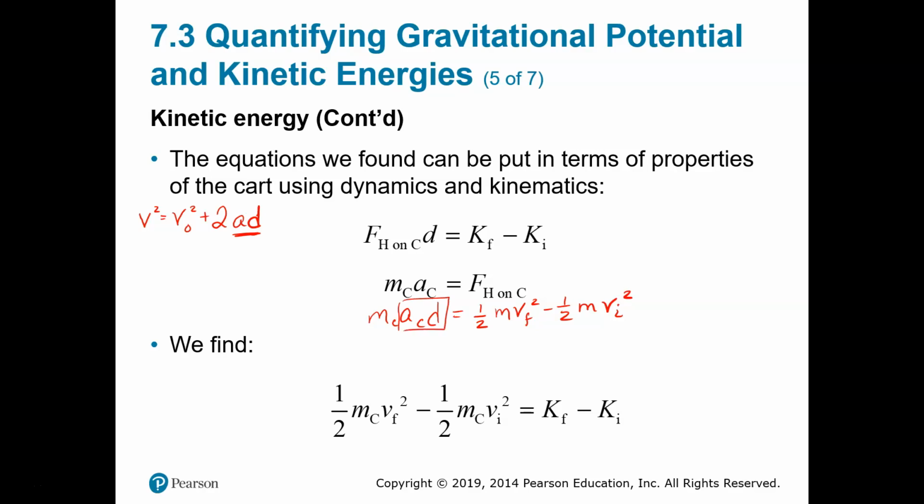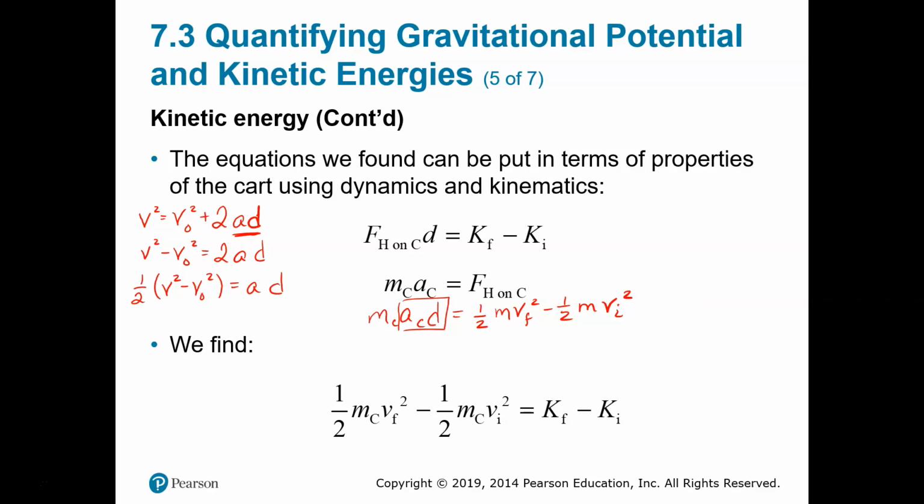Let me solve this equation for what I've got in this magic little black box, or in this case, red box. So I've got v squared minus v naught squared is going to equal 2a times distance. So that means 1/2 of v squared minus v naught squared is equal to a times the distance.